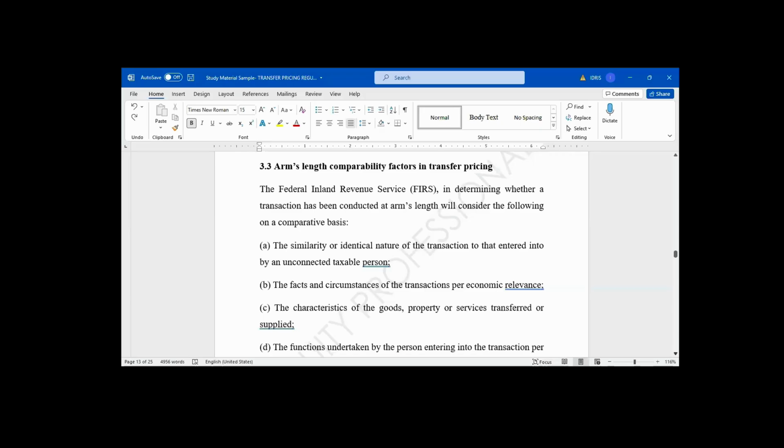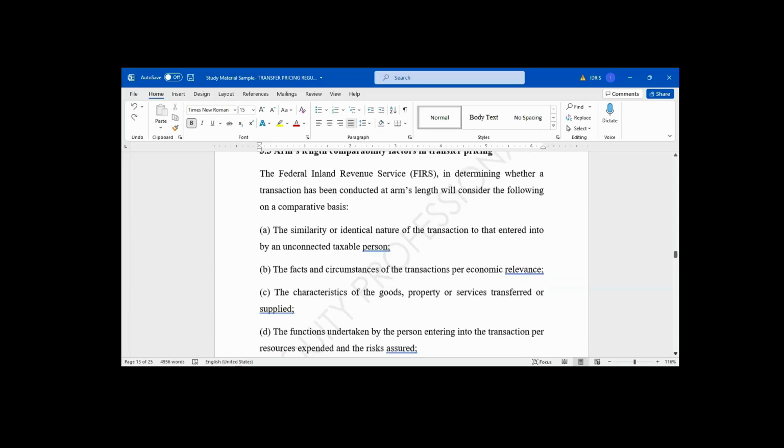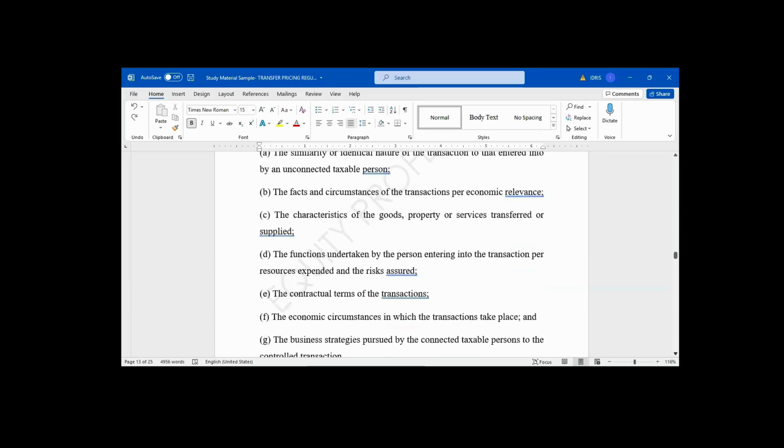Another one, the facts and circumstances of the transaction per economic relevance. The characteristics of goods and services transferred between the connected parties. The function undertaken by persons entering into the transaction.